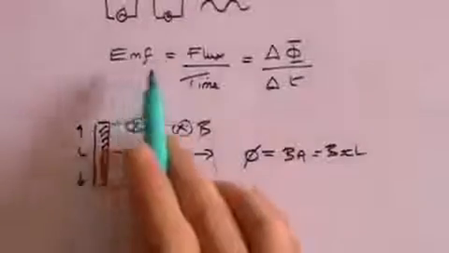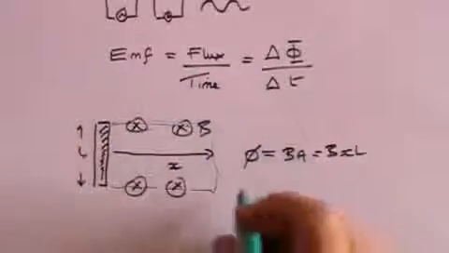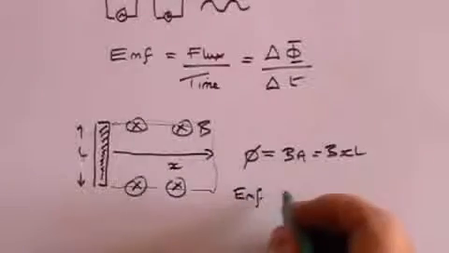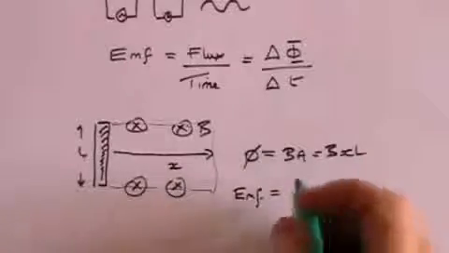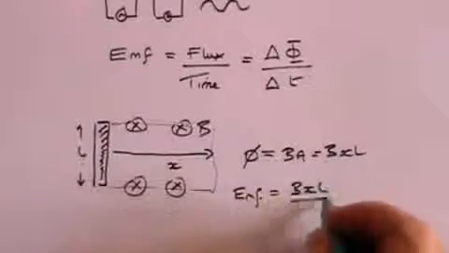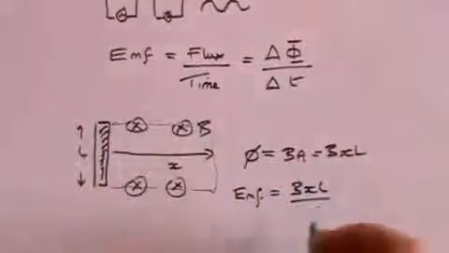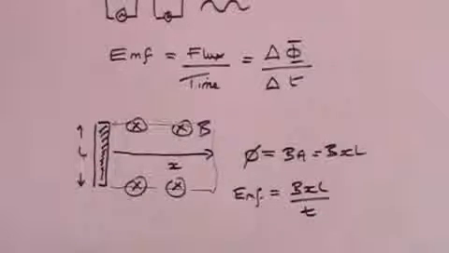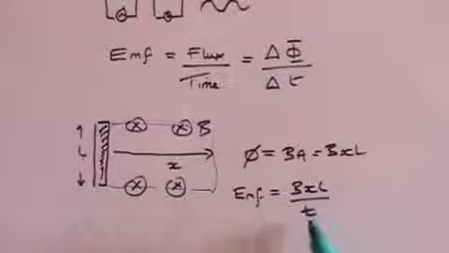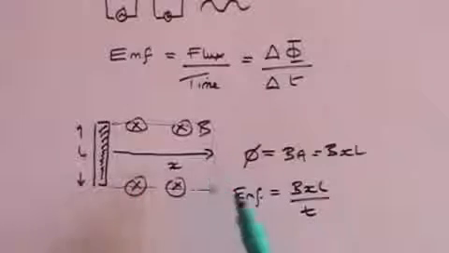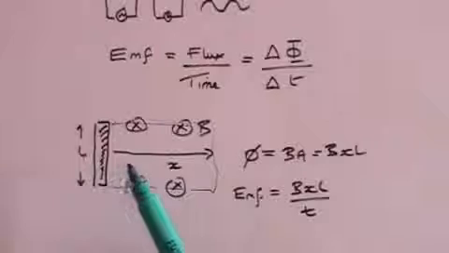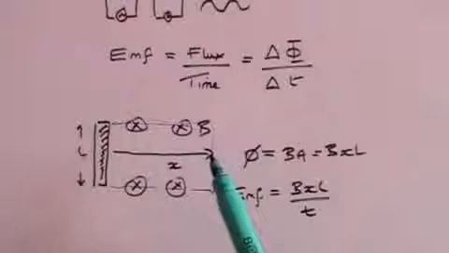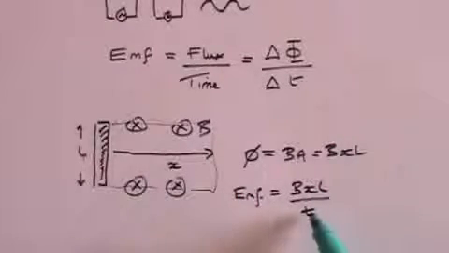So now we can say from this formula that the EMF is equal to the flux change, which is BxL, divided by the time change, which is t. But x over t is simply the velocity at which this bar is pulled across.